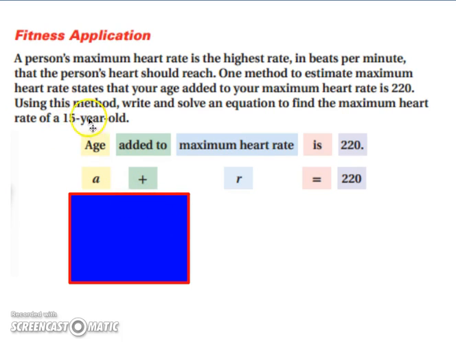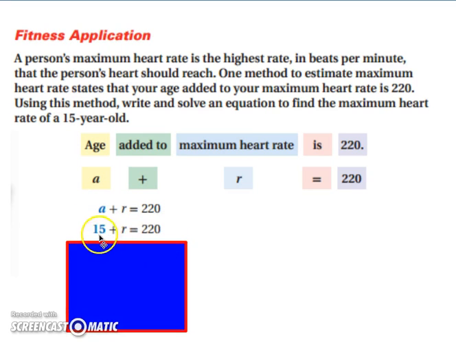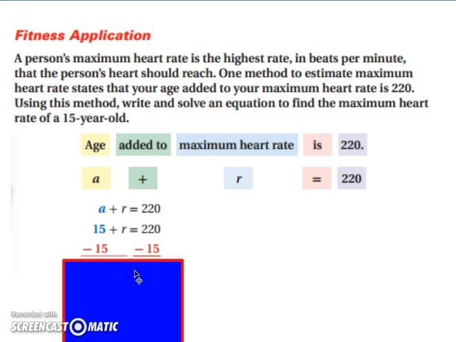We have 15 years old, so we're going to substitute that into our equation here. So we have 15 plus R equals 220. Because it's a positive 15, we're going to need to subtract 15 from both sides of the equation to get R by itself.